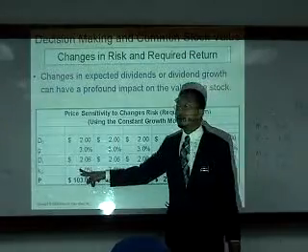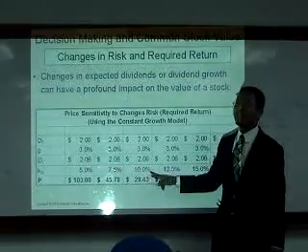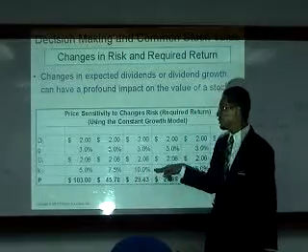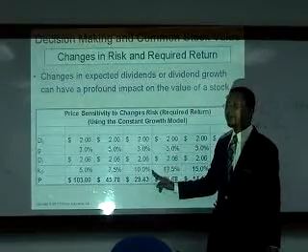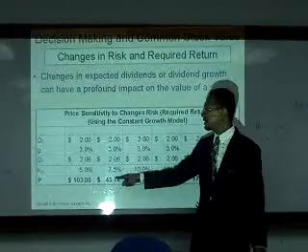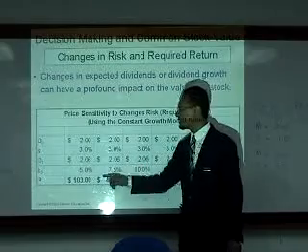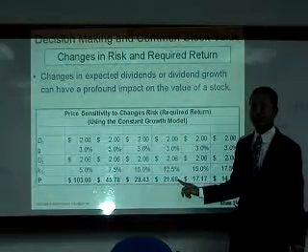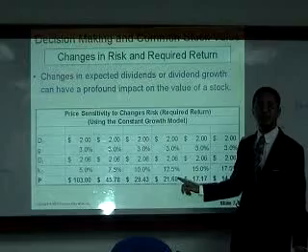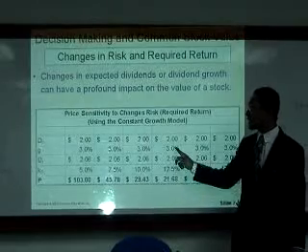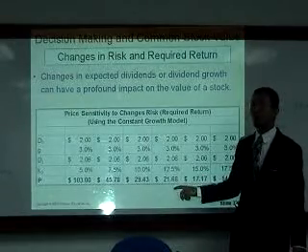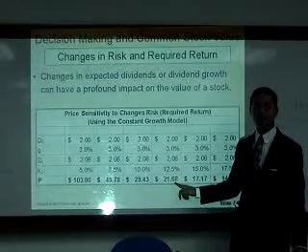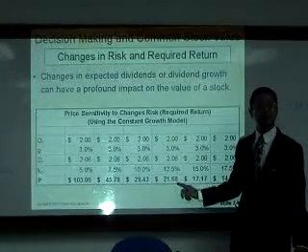But our risk, required return, increases from 5% to 10%. When the risk increases, the required return increases, and the price of the stock will decline. Higher risk, lower value of stock.